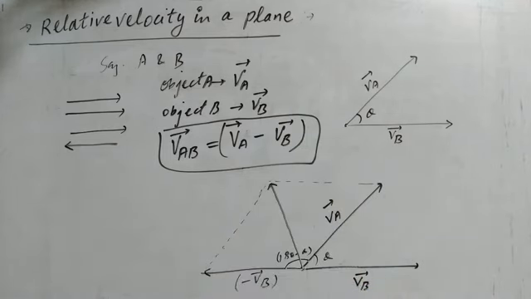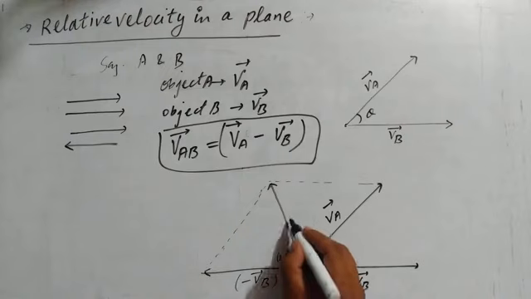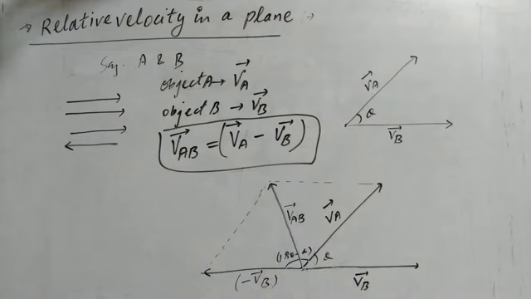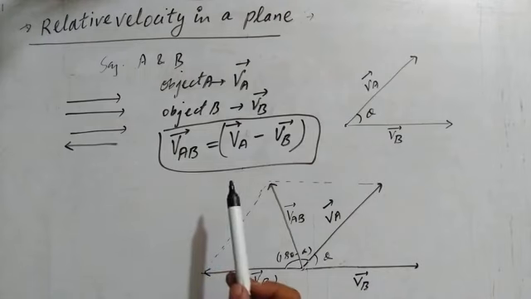Now this diagonal will represent the velocity of A with respect to B. So the relative velocity of A with respect to B is given by the general formula in vector form, that is VAB equal to VA vector minus VB vector.